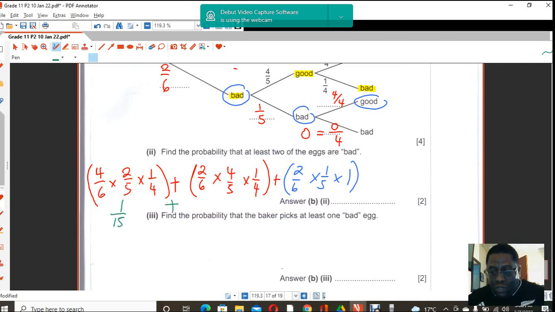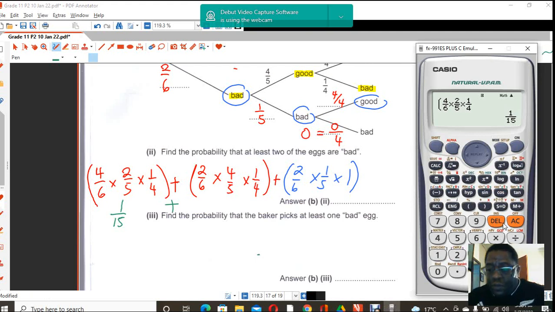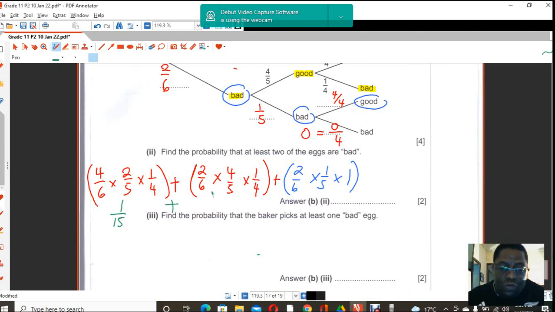Let's go to the next one. I'm just going to start over again. So I'm going to say 2 over 6 times 4 over 5 times 1 over 4. If I don't mistake, I think it's also 1 over 15. So 1 over 15. I'm writing over that, so you get the idea.